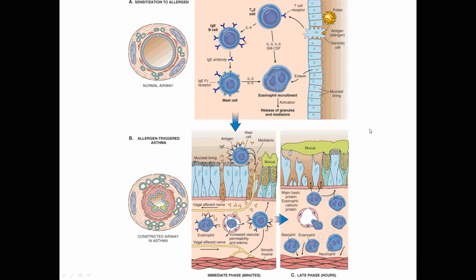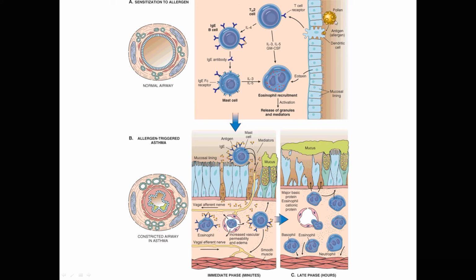This slide summarizes the hypersensitivity type 1 reaction in asthma. This is the allergen of pollen interacting with T helper cells to stimulate immune response, synthesis of antibodies, binding to the mast cells, causing release of interleukins, recruitment of eosinophils, and also preparing the sensitization reaction.